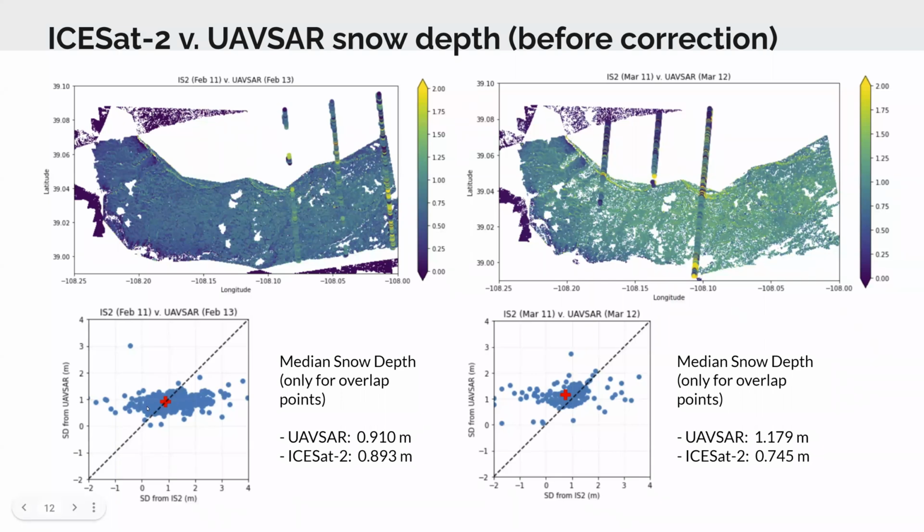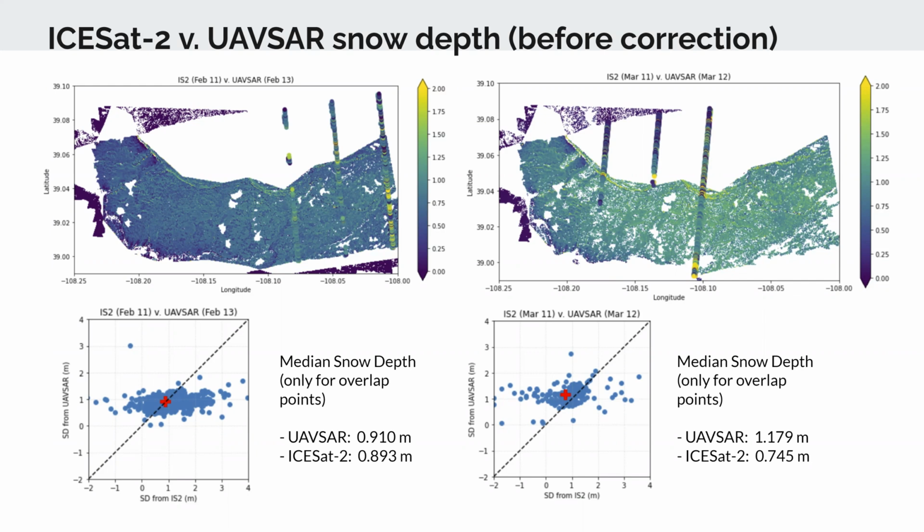We see that the scatter plot does not really agree well. ICESat2 has high variation from -2 to 4, and as Young mentioned, this is due to the offset in the ICESat2 overlap. And we can see the median actually agrees really well. Another thing that we did, as mentioned by Zach, is that we corrected for the phase change using ICESat2 snow depth.